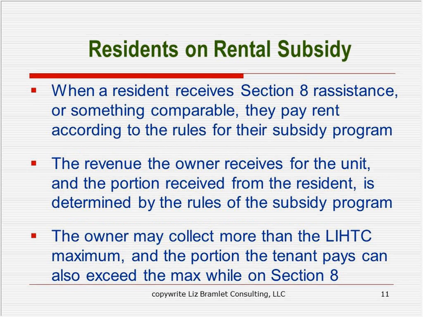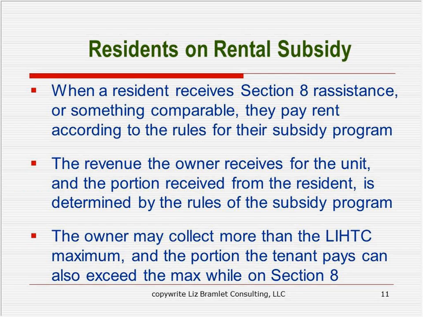Consider a tenant that receives Section 8 assistance or something comparable, and they pay rent according to the rules for their subsidy program. The owner receives for the unit the total rent to the owner, the contract rent, whichever terminology you are comfortable with, and the portion of that rent paid by the resident on their own behalf is determined by rules for the subsidy program.